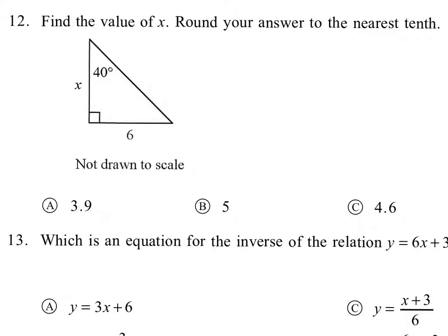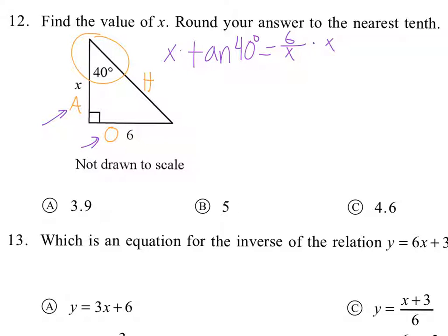Next up, we've got to solve for x based on this angle. We've got the opposite, the hypotenuse, and the adjacent. Well, we know the opposite. We want to know the adjacent. I know that tangent is going to be the opposite over the adjacent. I've got to multiply by x to get out of the denominator, and then divide by tangent of 40.